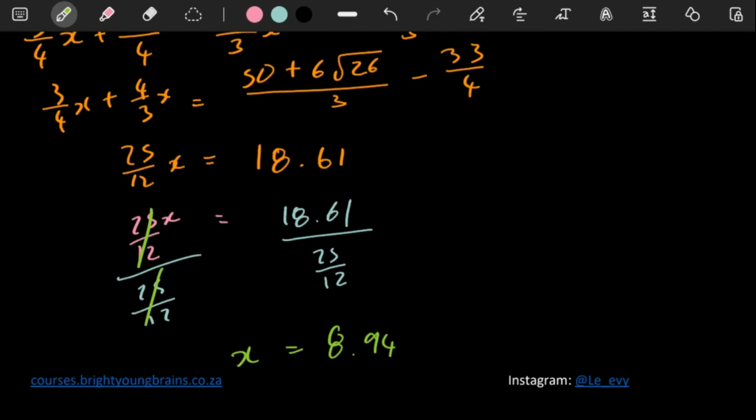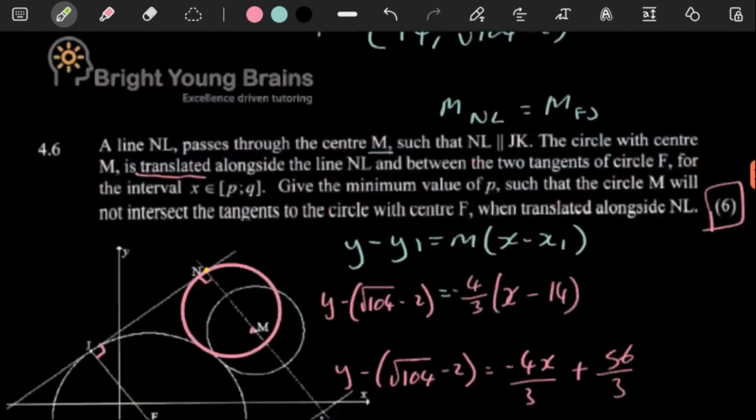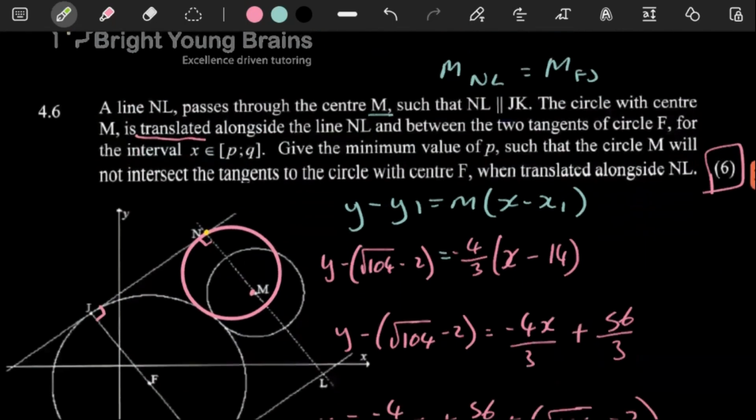having done it, it's not so bad really. The lowest x value is technically going to be this, because if you move it upwards there, then wherever it's touching here, that's going to be the lowest x value possible along the line NL.